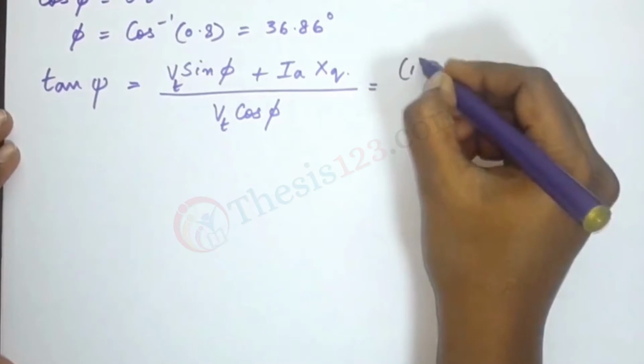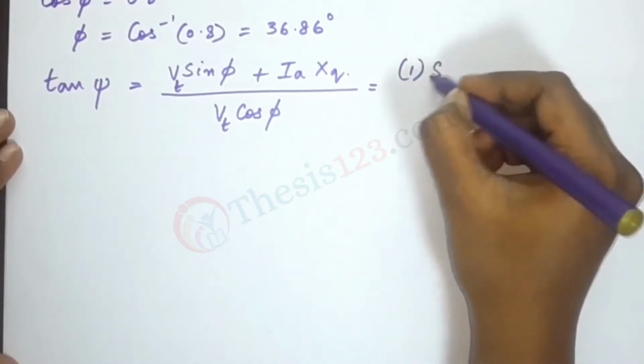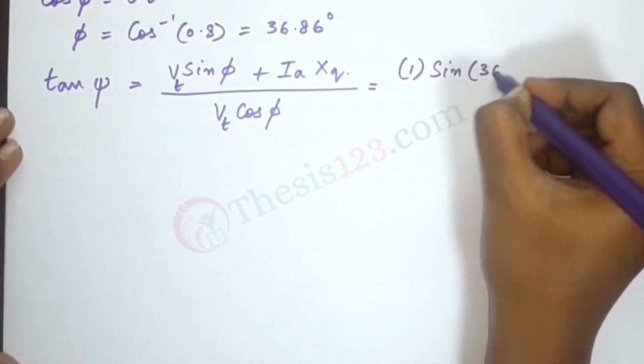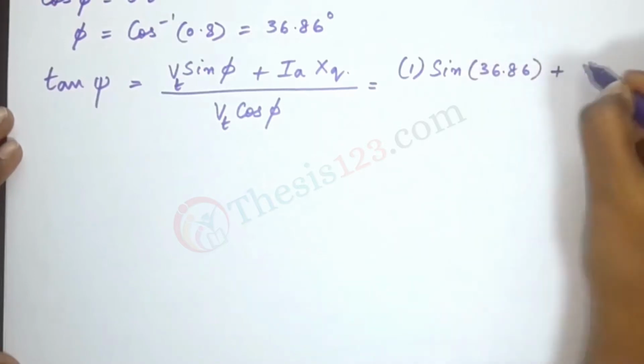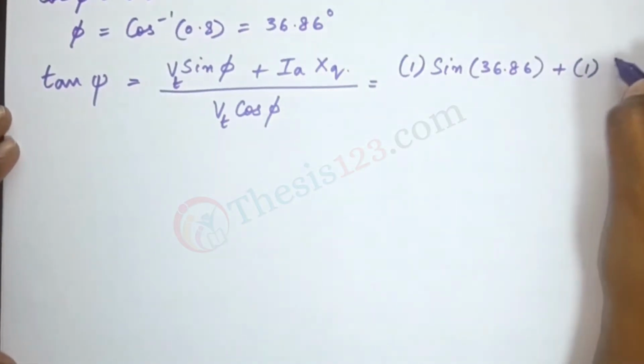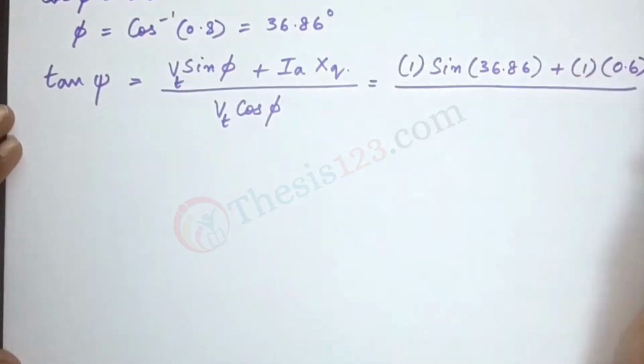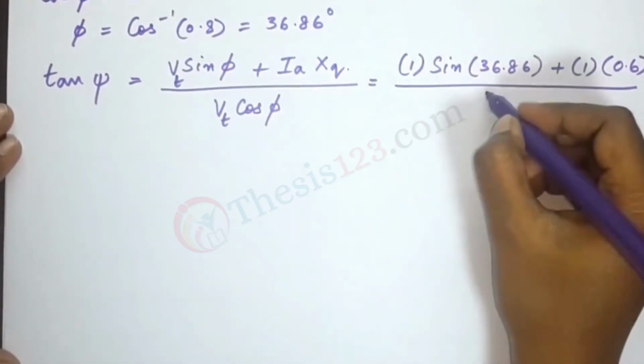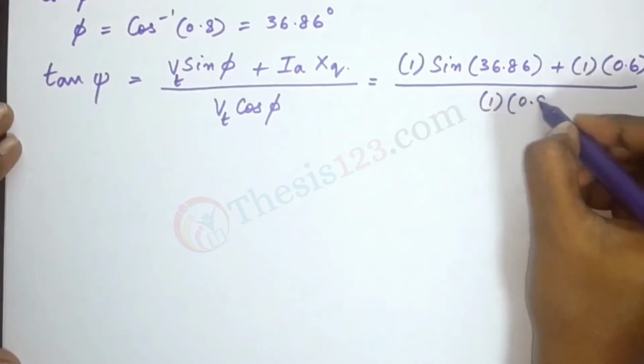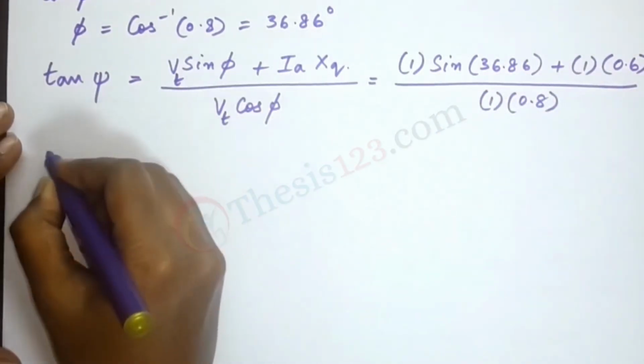Vt is 1, sine of angle 36.86 plus Ia is 1, XQ is 0.6. That's the quadrature reactance given to us. 1 times 0.8.